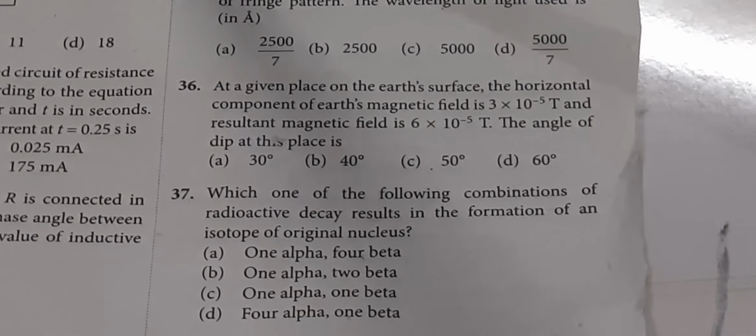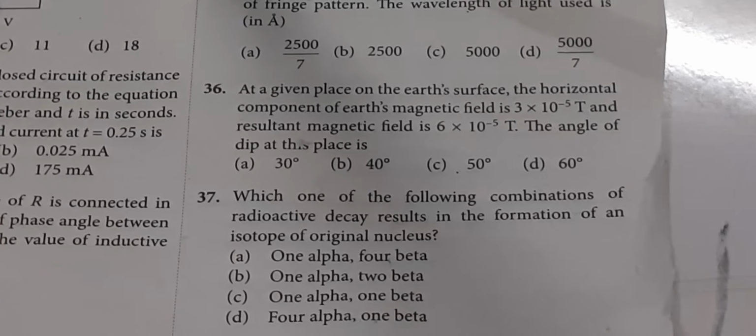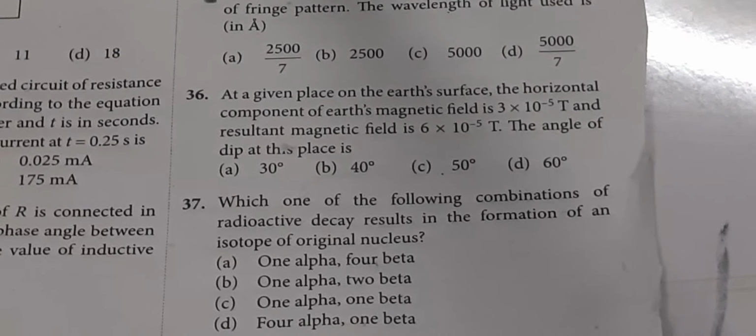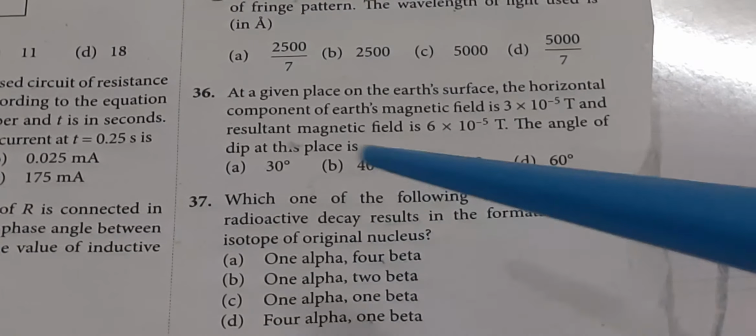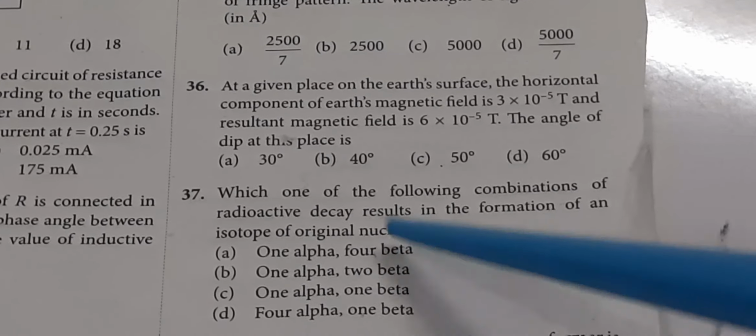Okay. Now 37. Which one of the following combinations of radioactive decay results in the formation of an isotope of the original nucleus? That means the number of protons will remain the same. How is that possible? For 1 alpha and 4 beta, the atomic number will increase by 4, that is not possible.